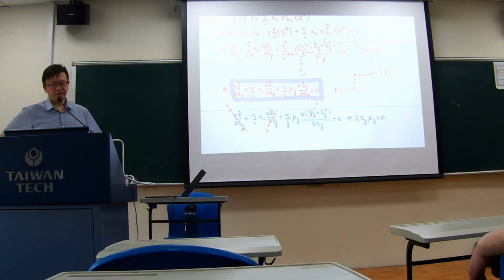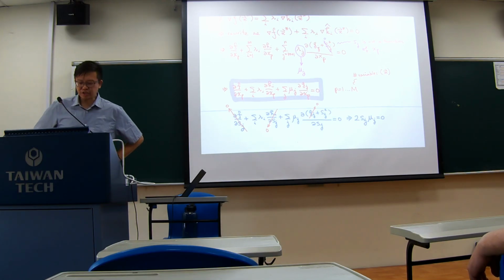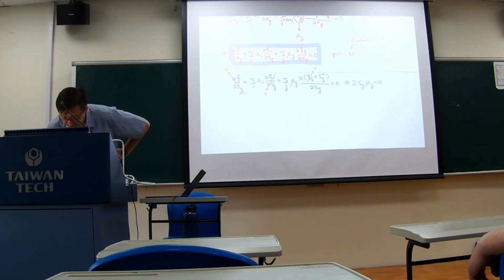The only way this can be valid is that Sj, or we describe it this way, mu j Sj must be 0.